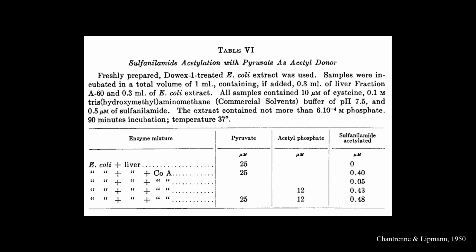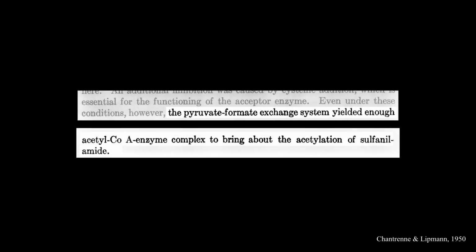Testing an alternate hypothesis, they also tried acetyl phosphate and found that it too could provide the acetate for coenzyme A. However, the presence of both didn't increase the amount of acetylated sulfanilamide, which showed that the pyruvate-formate exchange system yielded enough acetyl-CoA enzyme complex to bring about the acetylation of sulfanilamide.